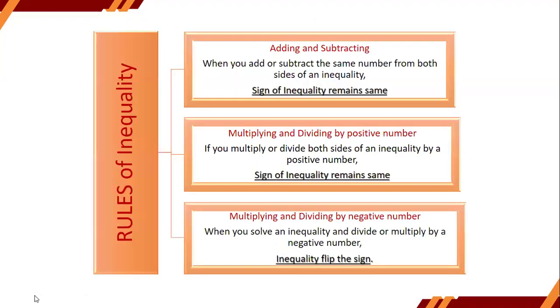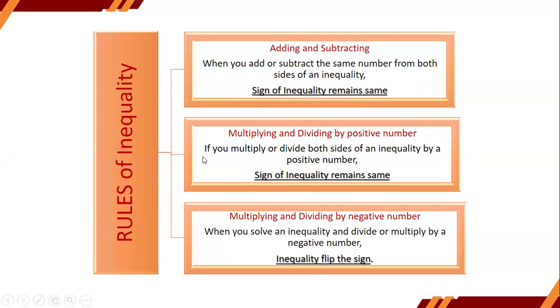Now, a few properties or rules of inequalities which you always need to keep in mind, and they form the basic concept of inequality questions. Rule number 1, whenever you add or subtract the same number from both sides of an inequality, the sign of inequality remains the same.